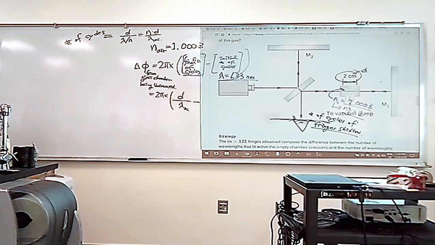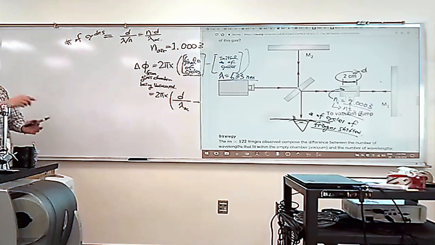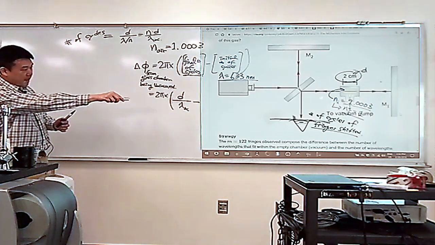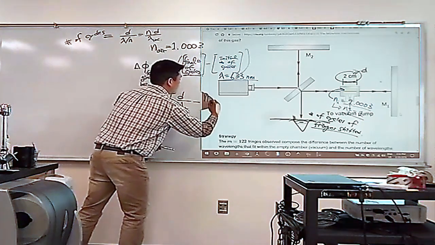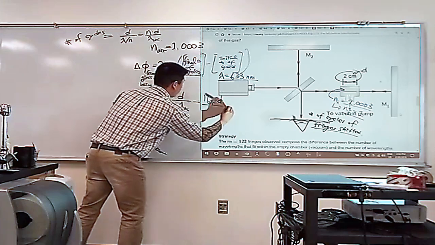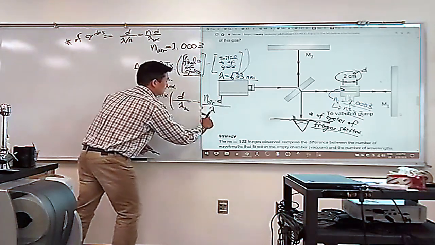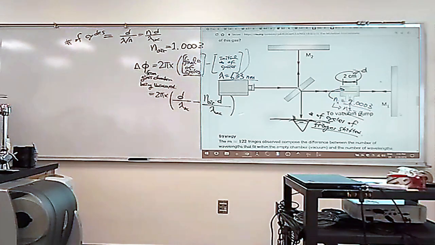I should have had them flipped. Doesn't matter. I'm going to get a negative answer, but I'm only looking for the absolute value anyway. So this n initial is the index of refraction of air, so index of refraction of air times the distance over the lambda vacuum. So this is the expression.